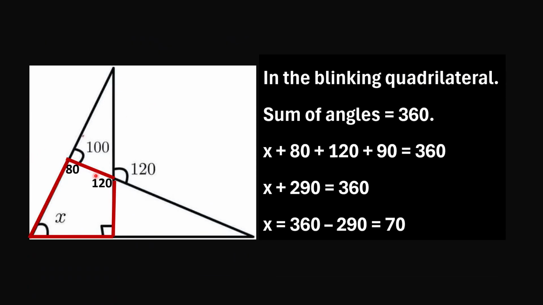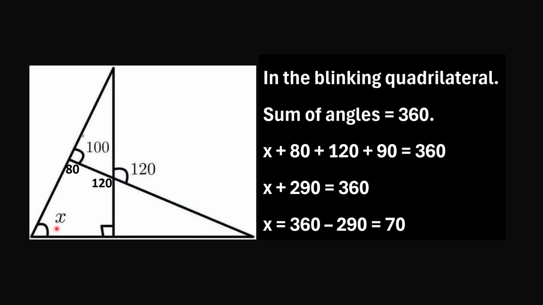Now see the blinking quadrilateral. What are the things we have? This 80 degrees, x degrees, this is 90 degrees given, and this is 120, the vertically opposite angle. And the sum of the four angles of a quadrilateral must be 360.